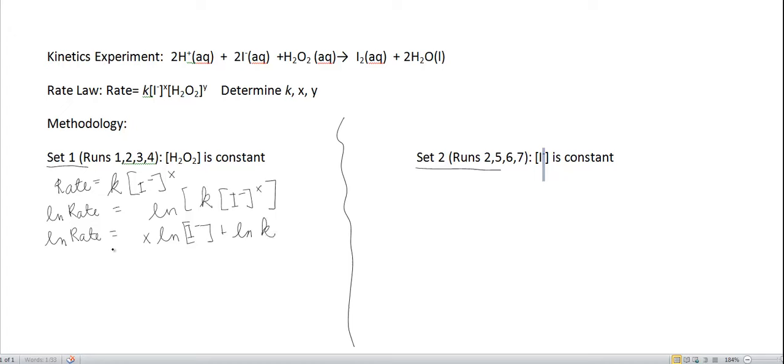That there is the slope formula for a line. This is like y equals mx plus b. That's the equation of the slope, isn't it?